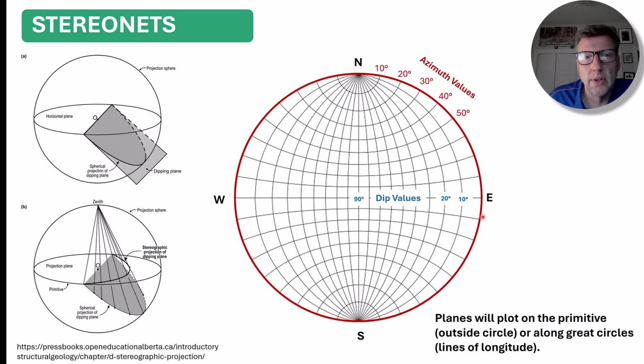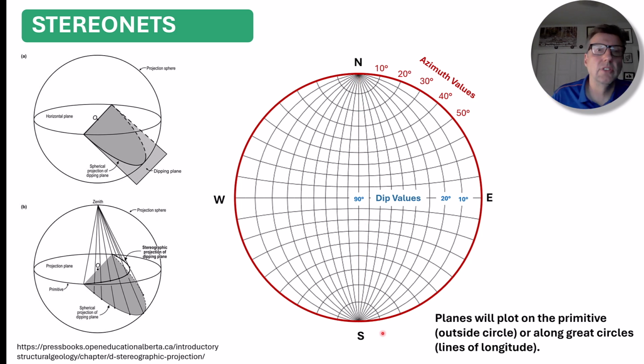But as we get steeper and steeper and steeper dip values, the lines start to follow a more straight orientation. So you can see if we have a dipping plane of 90 degrees, a vertical plane, it'll plot right here, and we'll have a straight line.